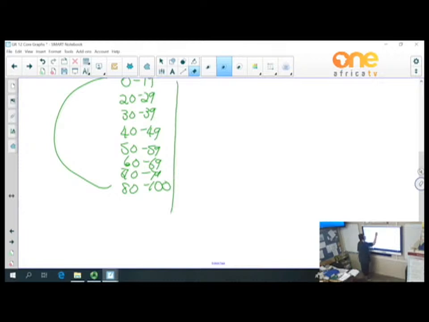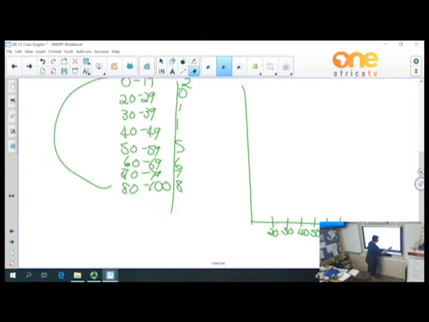Okay, so now we have frequencies 2, 0, 1, 1, 5, 6, 7, 8. If we draw this histogram, on the x-axis we're going to work with group data. So this group is 0 to 20, and then 30, 40, 50, 60, 70, 80, and 100.